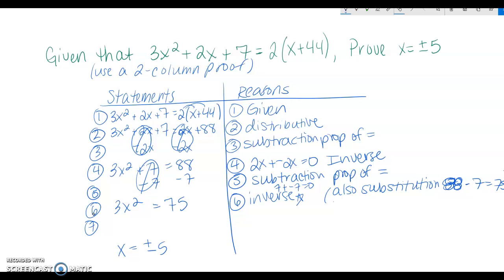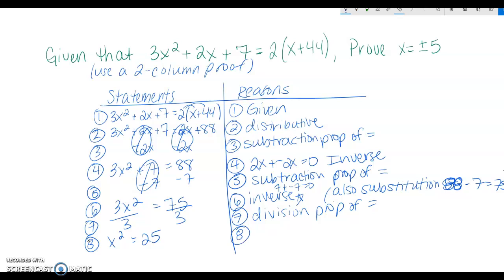So then we'll do the next step of the equation, which allows us to divide on both sides. Division property of equality. And then we have x squared is equal to 25, which is 3 divided by 3 is equal to 1.